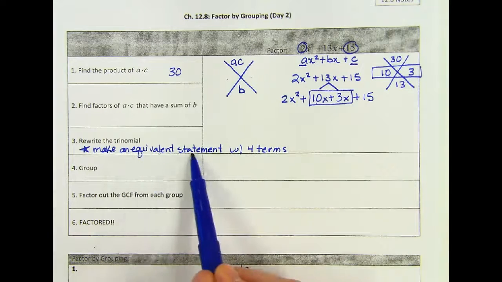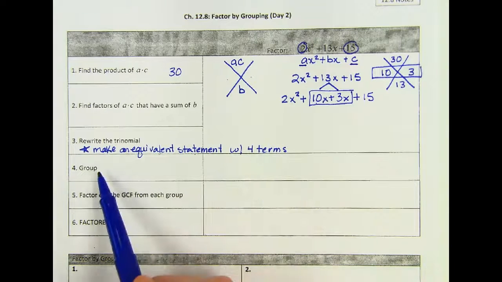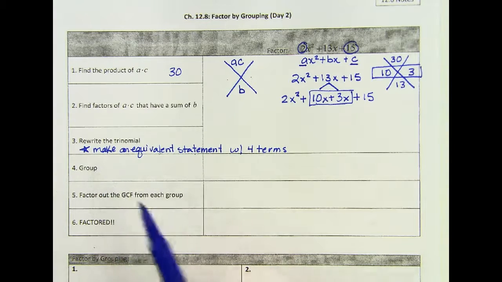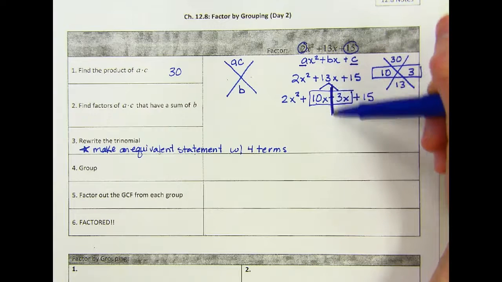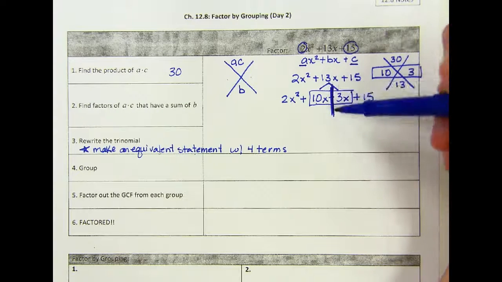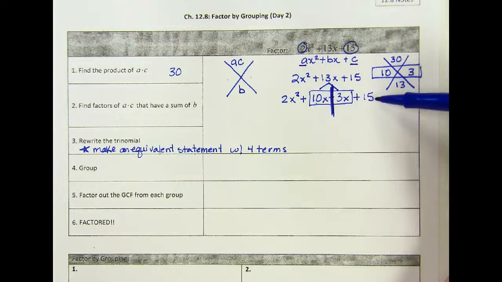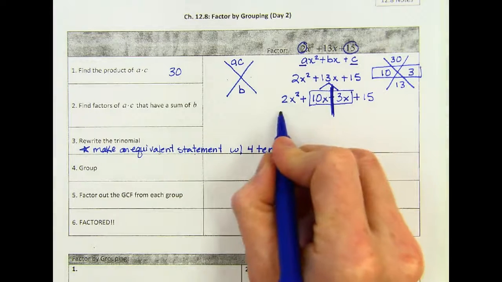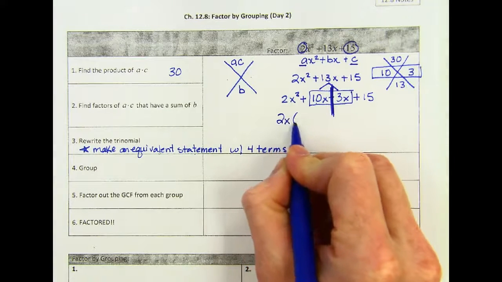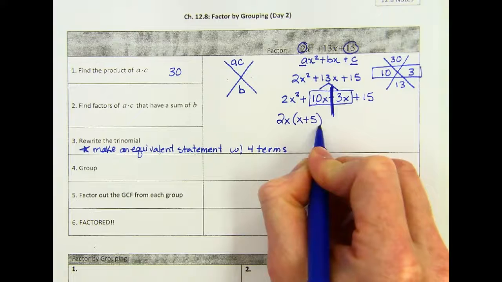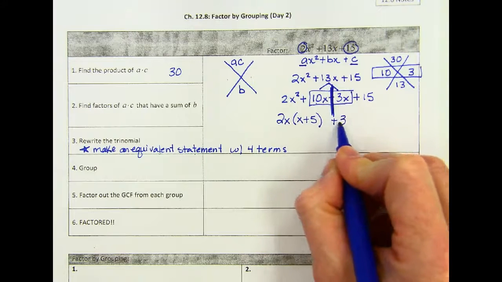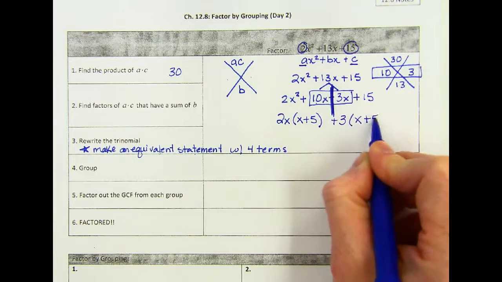Now, once I have an equivalent statement with 4 terms, I group. So remember yesterday, we did a split down the middle, like a banana split, and we grouped the first 2, and we grouped the last 2. So here, I can take out a 2x, and I am left with an x plus 5. Here, I can take out a positive 3, and I'm left with an x plus 5.